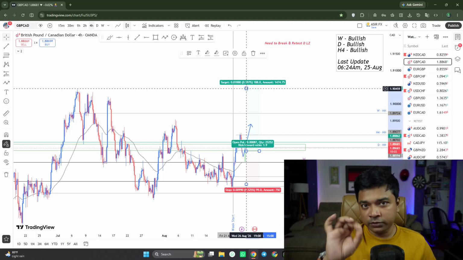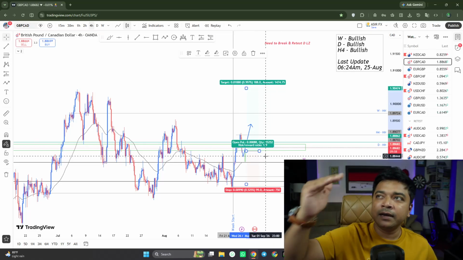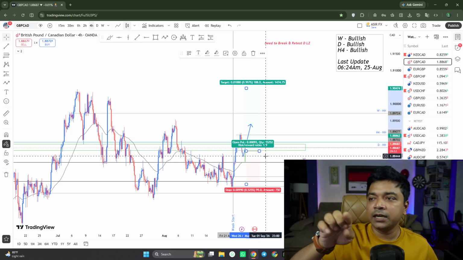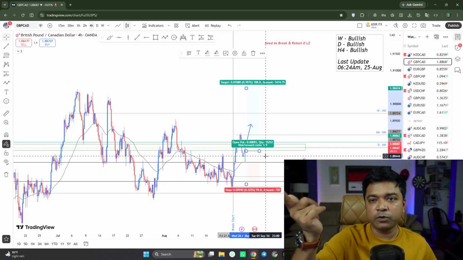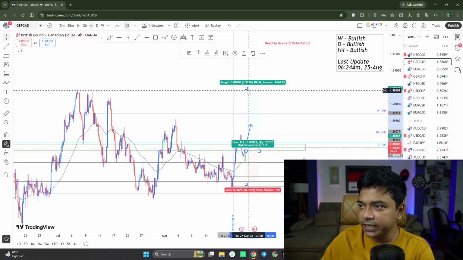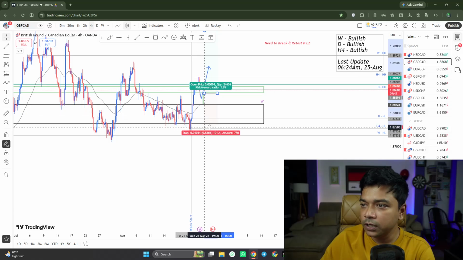You also need to follow this, because if you open a trade but there is a strong resistance on the upside, then it will be very hard to hit your take profit. So when you open a trade, you must set your stop loss below your liquidity zone.